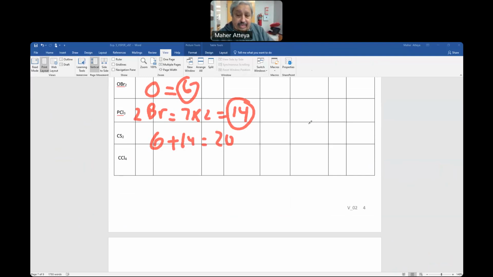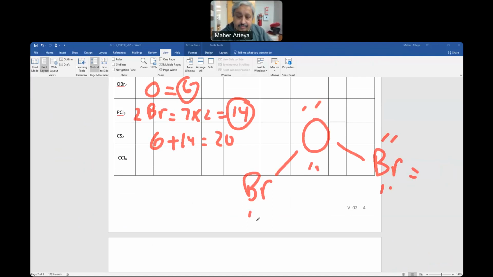So it would look like this: Br, O, Br, and then oxygen has 2 lone pairs here. 1, 2, 1, 2. So this is the Lewis dot structure of OBr2.